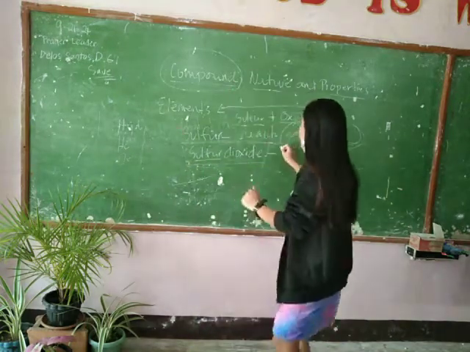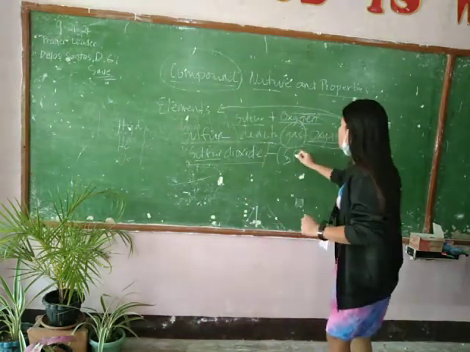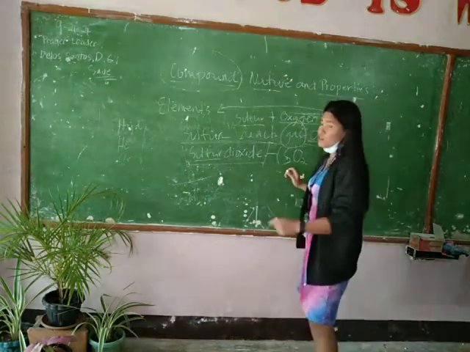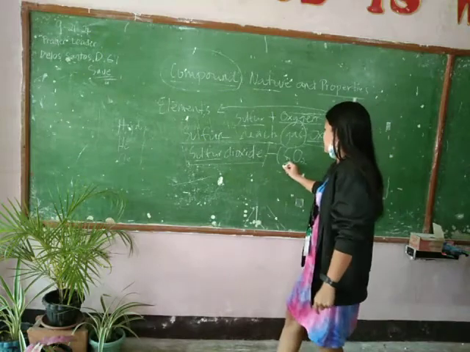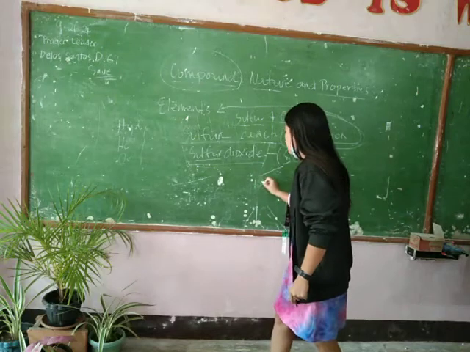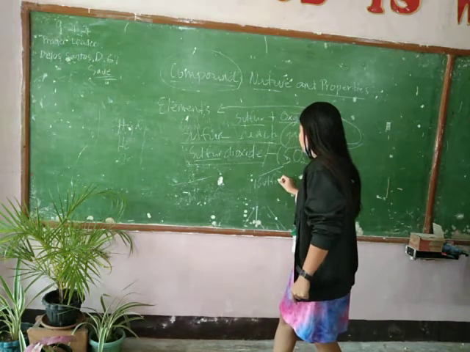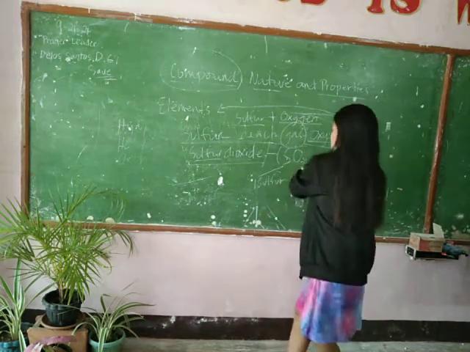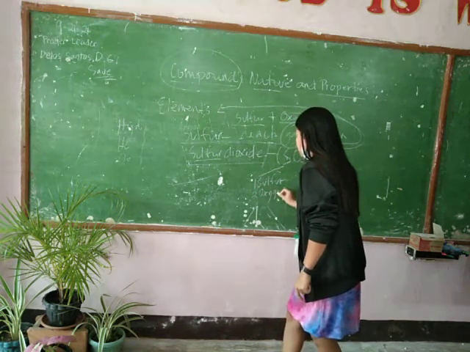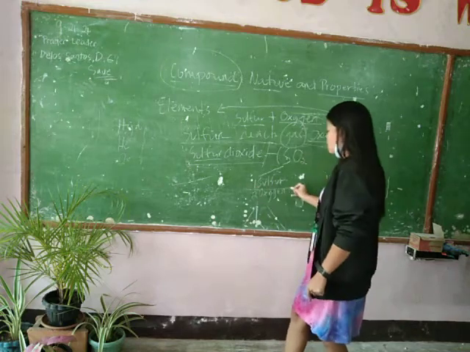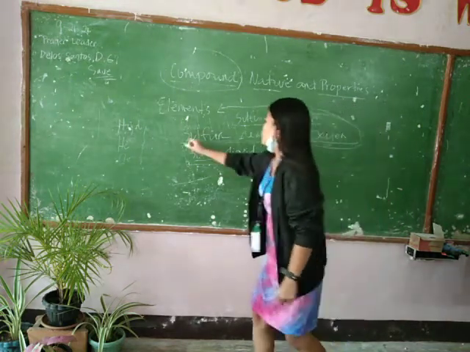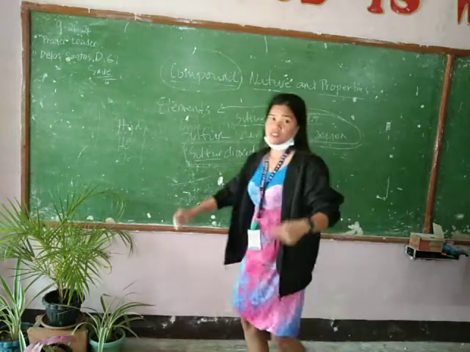Tinatawag ito, the symbol is SO2. Bakit is SO2? Now, meron siyang isang sulfur, one sulfur, and two oxygen. So, one sulfur plus two oxygens, it becomes sulfur dioxide.